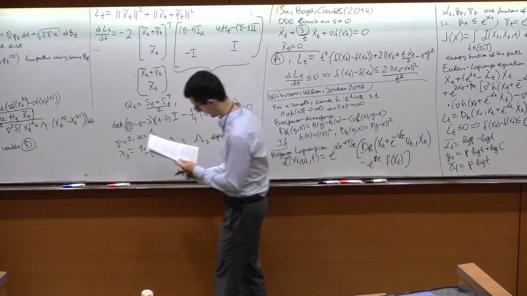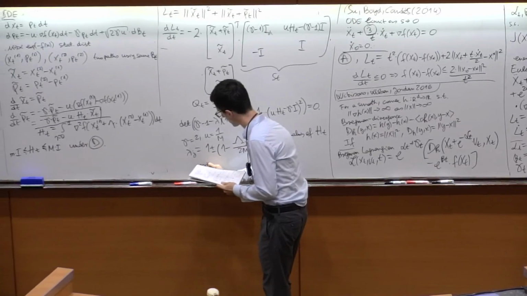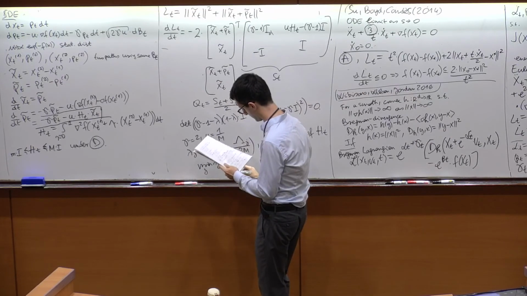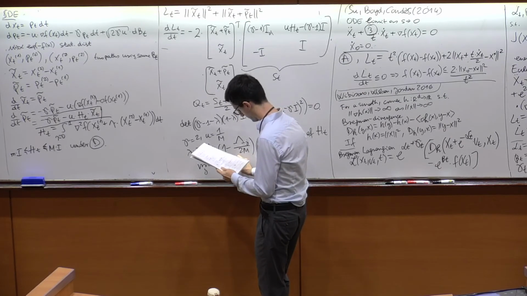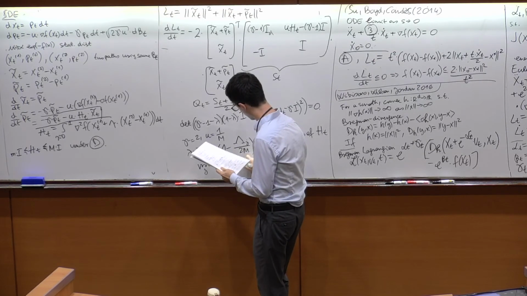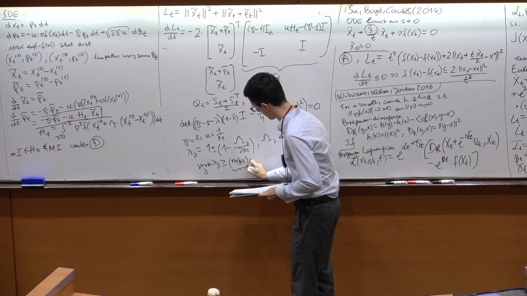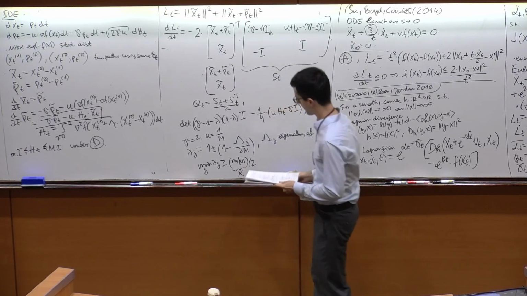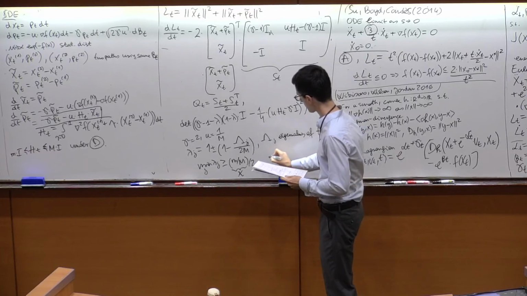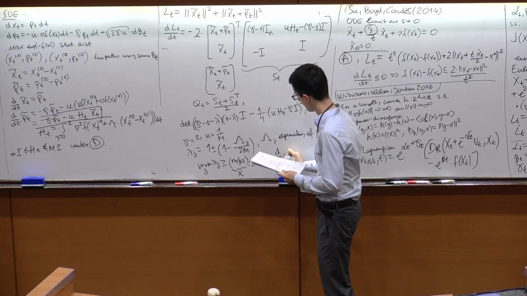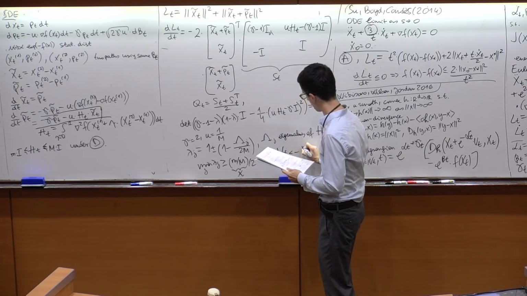So this implies that the minimum of lambda_j is greater than or equal to small m over capital M, divided by 2. So we will call this kappa, and this implies that d over dt L_t is less than or equal to minus kappa over 2 times L_t.